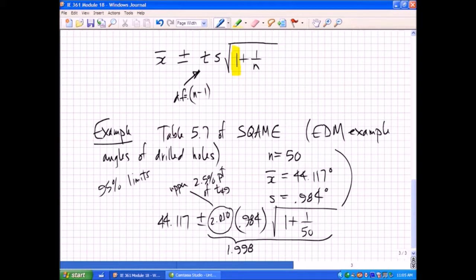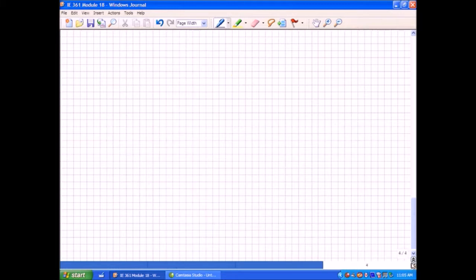is likely to fall, I will have to take the sample average for the data in hand and hedge it by about plus or minus 2 degrees. Okay, so that in some sense I'm quote unquote 95% sure that this set of limits will capture one more angle from this process.